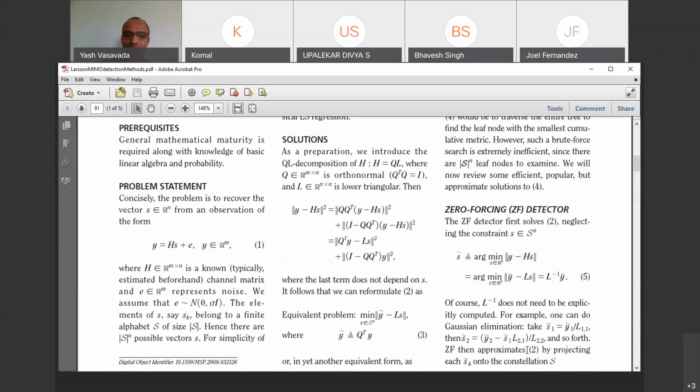It is very easy to understand, except one part, which is this equation here. The author has not given any explanation of how he can write y minus hs norm squared like this. And then he has not explained, if he can write it like this, how from that he can write it like this.